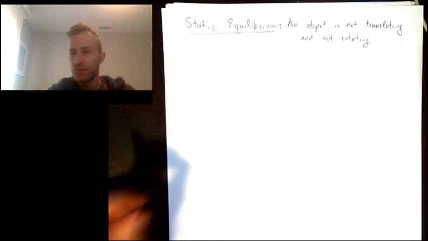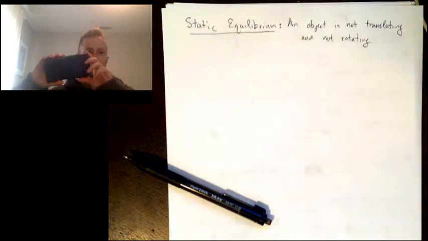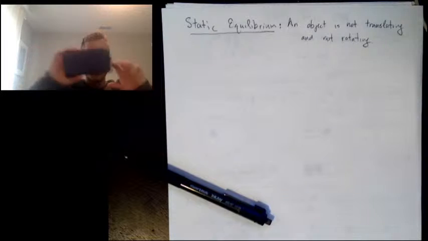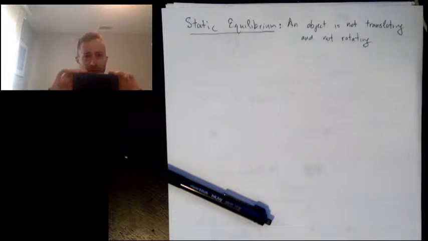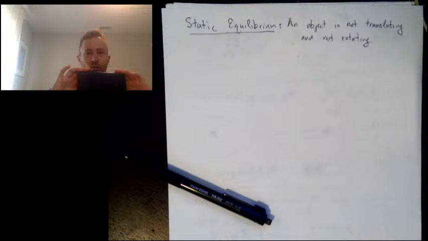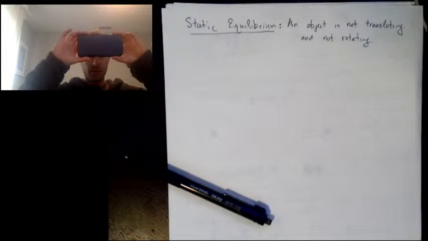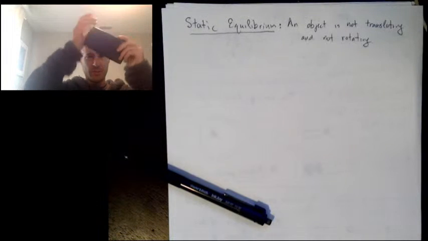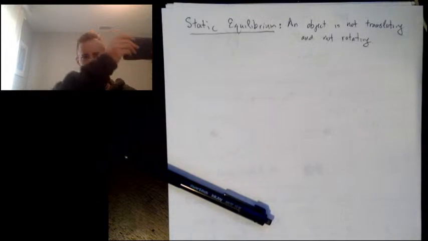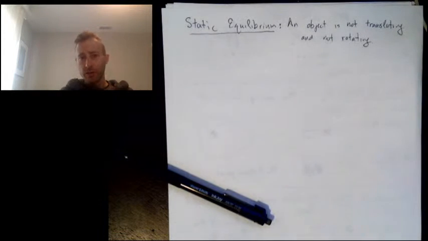So what is a translation? A translation means that it's moving from place to place. So these would be examples of translations. Rotation means that the orientation is changing while it stays in place. So this is a rotation. This is a translation. You can have one or both.